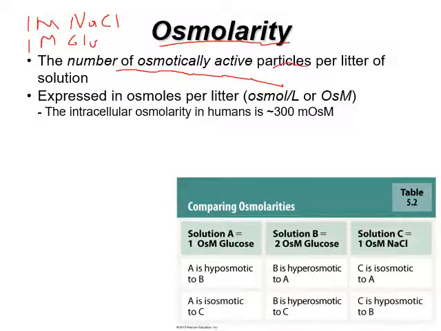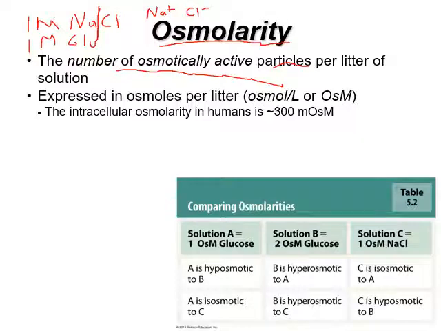And do you guys remember what happens in chemistry when you put NaCl in water? It dissociates. So when you put NaCl in water, you end up with a sodium ion and a chloride ion.